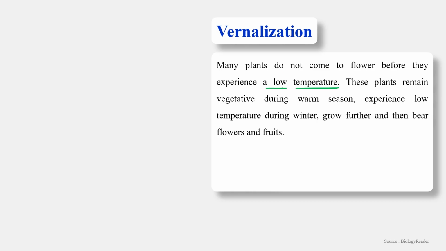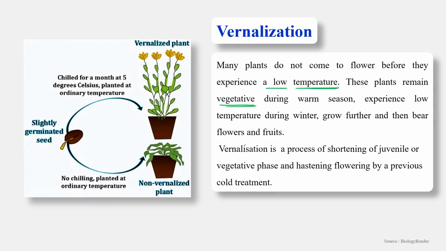There is no flowering if they do not experience low temperature. So these plants remain vegetative during the warm season. When they experience low temperature during winter, they very quickly grow and then bear flower and fruit. This is known as vernalization.